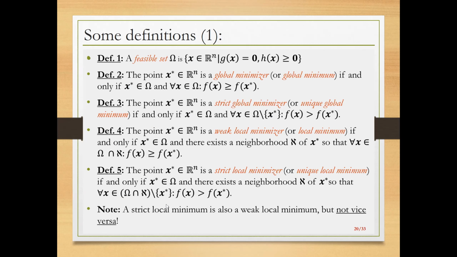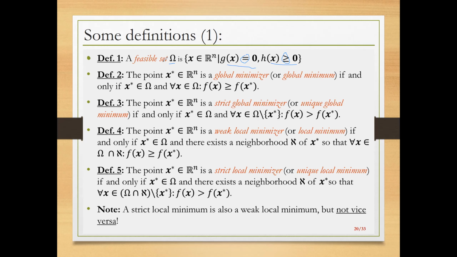A feasible set is denoted by the big omega, and it is all points, all x values, such that they satisfy the constraints. You see over here, the constraints are greater than or equal to, or equality. So all the points that satisfy the constraints fall into this definition of a feasible set.